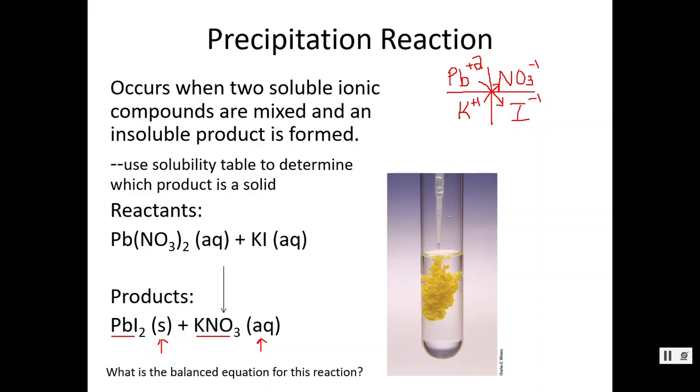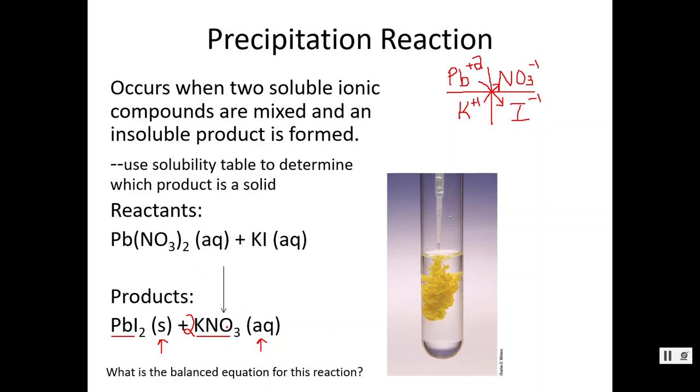And remembering, when you balance a chemical equation, it's always coefficients, numbers in front of each species. I immediately see that I've got two NO3 ions on my reactant side. On my product side, I just have one, so I need to put a 2 in front of the KNO3.